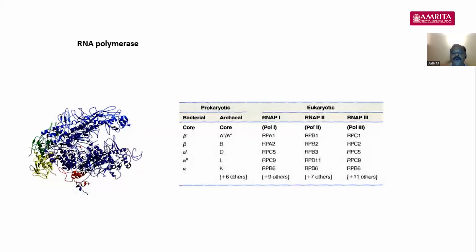In the case of prokaryotes, it is 6 proteins. In the case of RNAP1, it is 9 proteins. In the case of 2, it is 7 proteins. In the case of 3, it is 11 proteins, and so on. So it is just made up of a complex. The idea is very simple. It has a crab claw-shaped structure. It is made up of subunits.